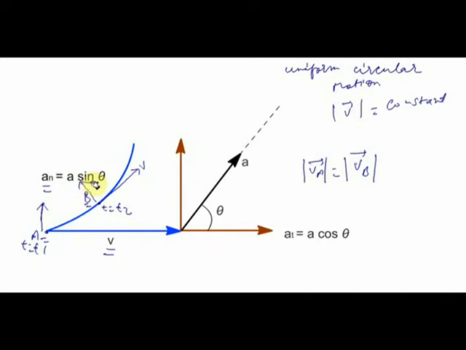One more thing we can see from here is that the direction of AN is exactly opposite to the direction of radius vector.